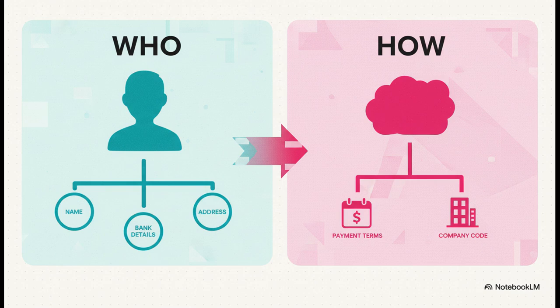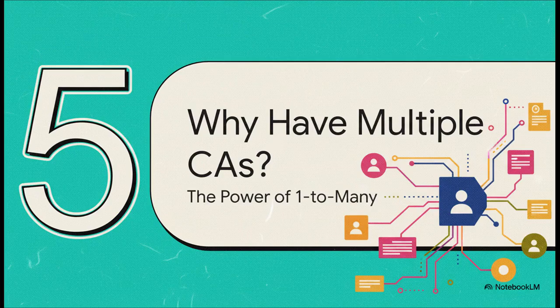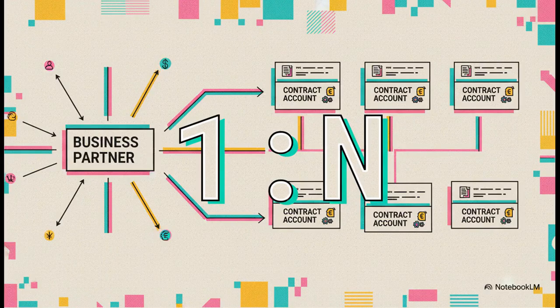See the difference? Who versus how? Now, this leads to a pretty logical question. If we went to all this trouble to create a single master record for the customer, why would we immediately turn around and create a bunch of different financial accounts for them? The answer is in this incredibly powerful one-to-many relationship. One business partner can have many, many contract accounts. And this isn't data duplication.